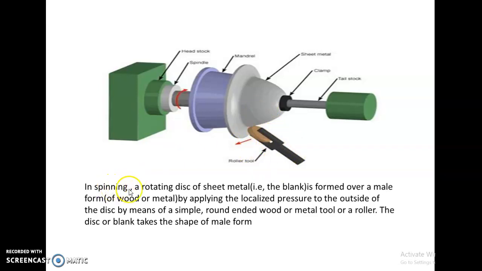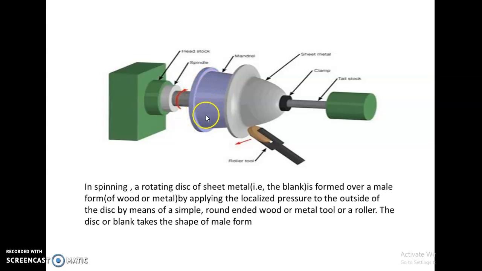So in spinning, a rotating disc of sheet metal is formed over a male form. This is the rotating disc, and this is the male form, the existing shape. It is like a die, also called a mandrel.